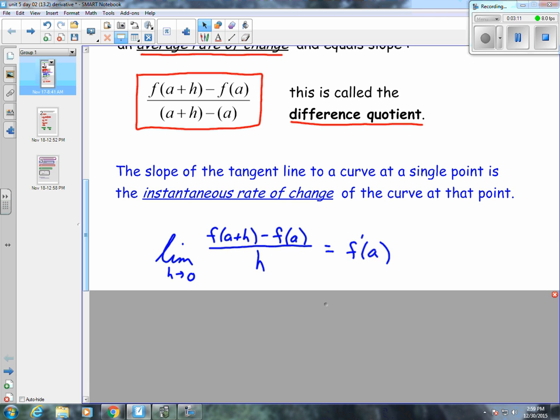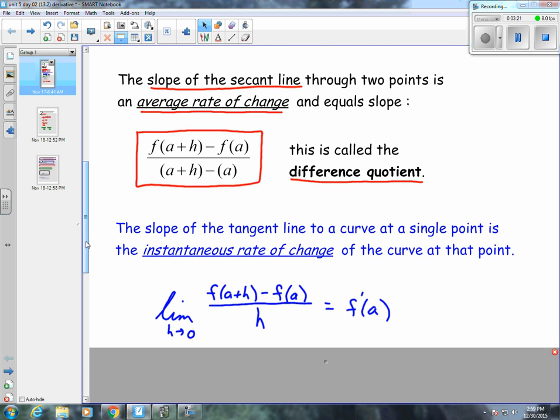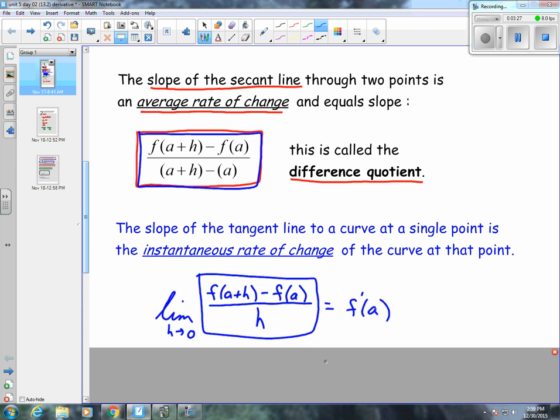So if I look at the original picture, and I take the limit as h approaches 0 of my average rate of change, that limit as h approaches 0 will be f prime of a, or the derivative at a, or the instantaneous rate of change at a.